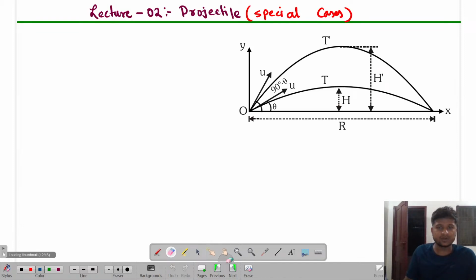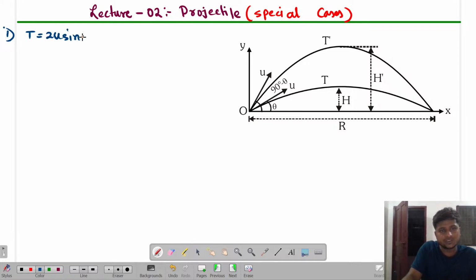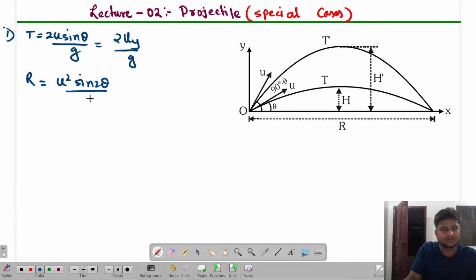Let me have a quick recap. Time of flight was given as 2u sin theta upon g, which is also written as 2uy upon g. Range was given as u square sine 2 theta upon g, also written as twice ux uy upon g.